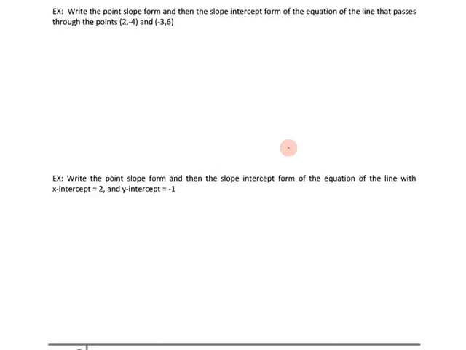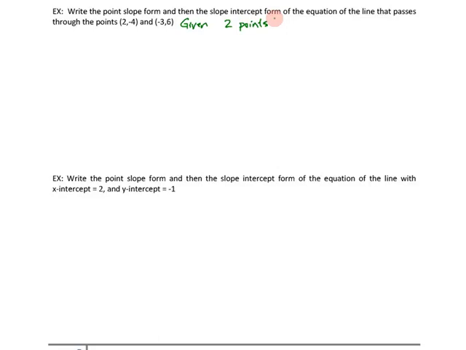Write the point-slope form and then the slope-intercept form of the equation that passes through the points 2, negative 4, and negative 3, 6. Now, we've changed things up a little bit here because what you're not given here is the slope, right? You have been given 2 points. So how could we use the point-slope form in this case?